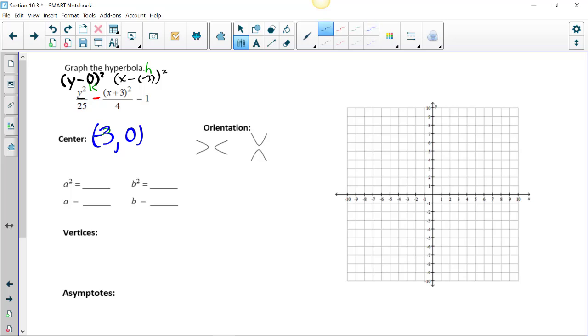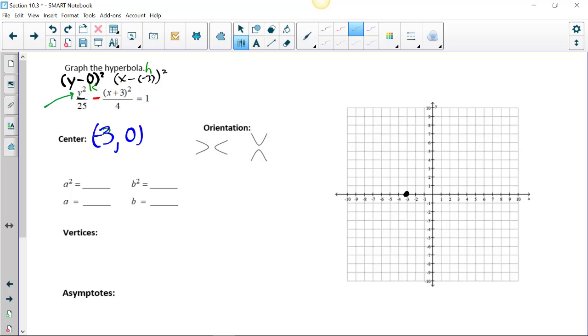Okay, so if I go to I can go ahead and put my center here, negative 3, 0. Now, I need to know the orientation because I need to know which way to go to get to the vertices. So we can get that from our standard form. Whichever variable is first tells me the orientation.